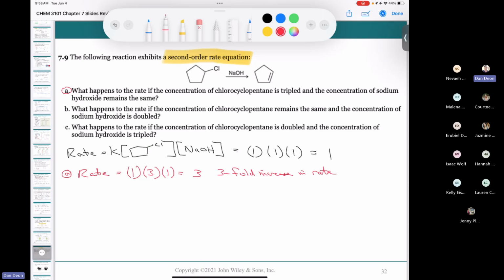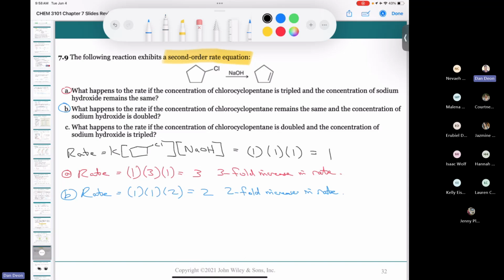In B, it says what happens if the concentration of the chlorocyclopentane remains the same and the concentration of the sodium hydroxide is doubled. Then you'd have rate is equal to 1 times 2, which would give you 2, which would be a twofold increase in rate.